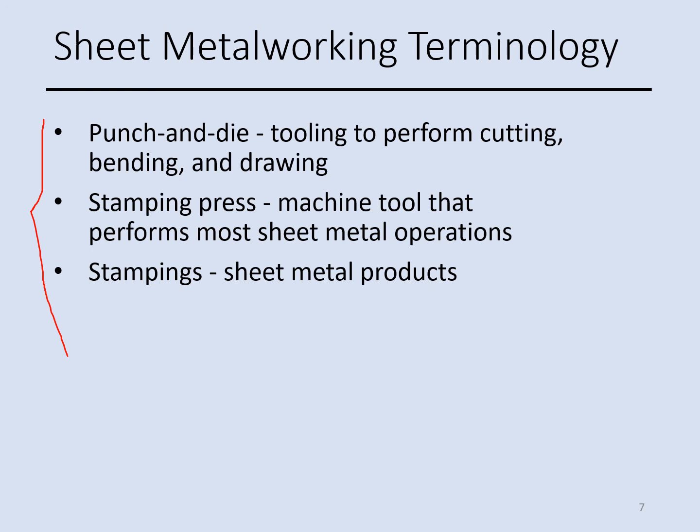For example, punch and die tooling, which are used for the cutting operation, bending and drawing. We have a stamping press, and this is the machine tool that performs the sheet metal operations. The last one is called stampings. The products of the sheet metal working are called stampings.